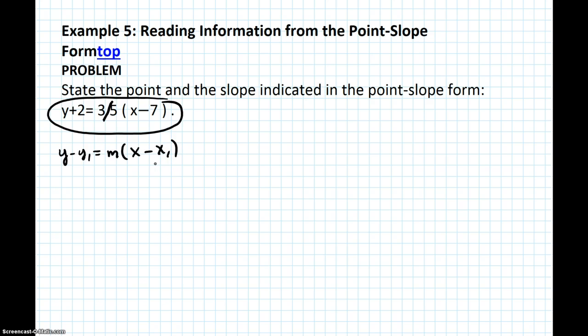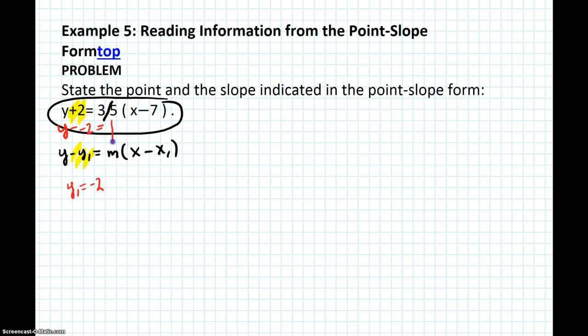So plus 2 relates with negative y1. I can rewrite this as y minus negative 2, right? So negative 2 is equal to y1. So y1 is equal to negative 2.